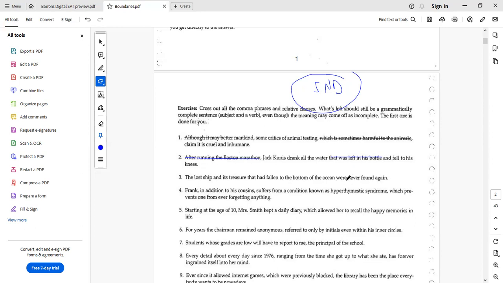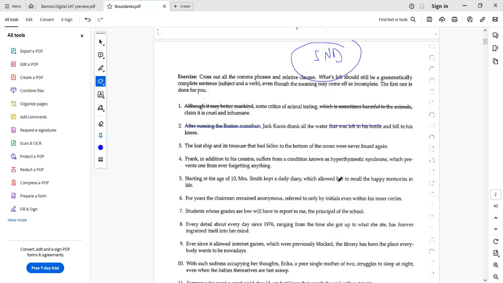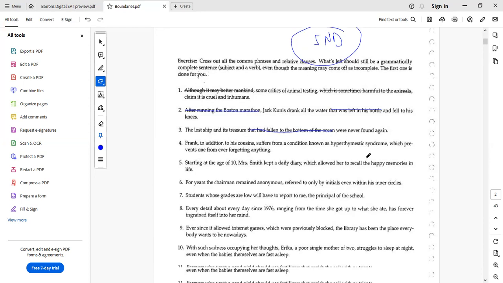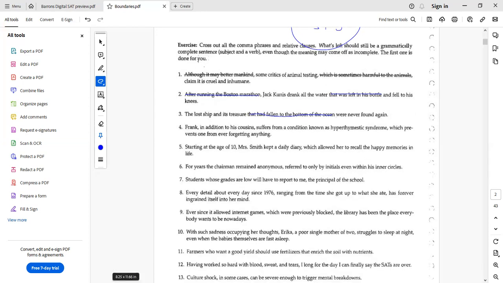Thank you. Dalal, you're going to do the same. What are you going to cancel here? "That had fallen to the bottom of the ocean." It's a relative clause. The main sentence is: the lost ship and its treasure were never found again. Thank you. Dunya, number 4. What are you going to cancel here?